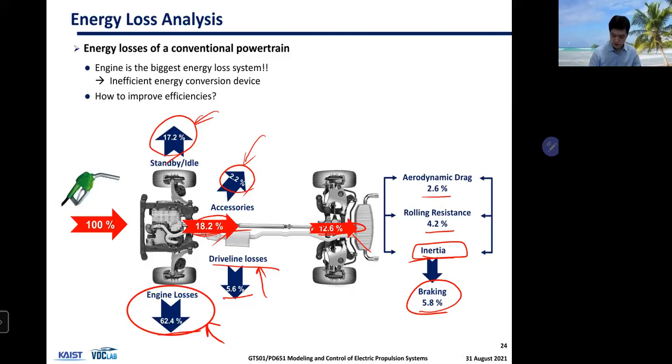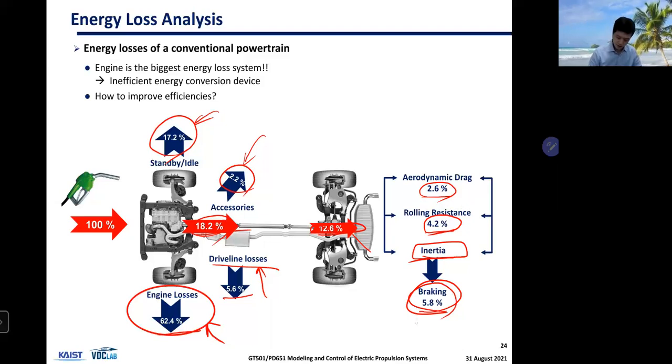People have been doing a lot of aerodynamic study to reduce this number, and same goes with rolling resistance. Fewer moving parts, smoother bearings and lubricants, and tires with lower rolling resistance, and there's inertia, lower inertia, so lower braking energy.